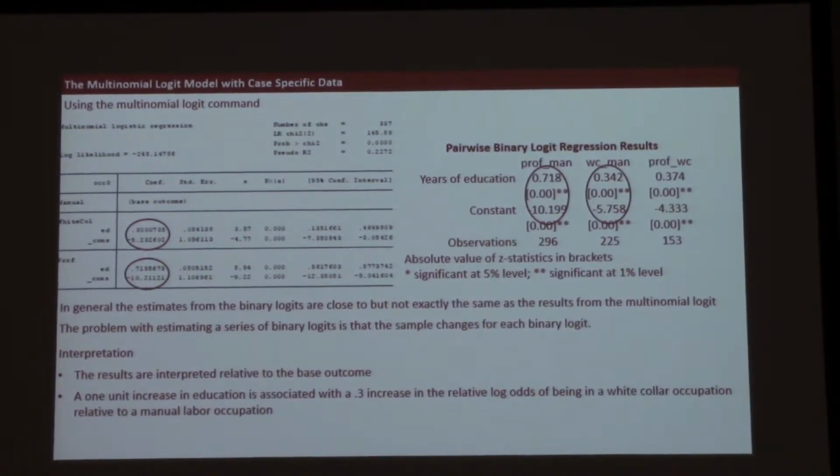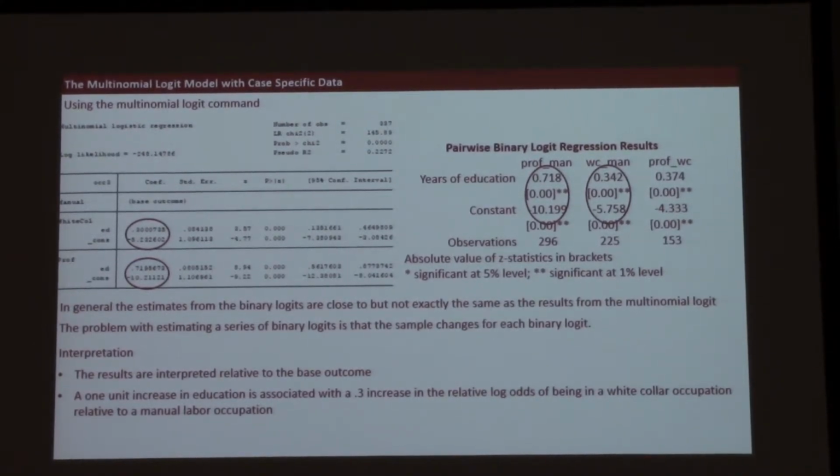Our coefficient on education means that, again, we still have this log of the odds ratio, but it essentially means that a 1 unit increase in education, a 1 year increase in education, is associated with a 0.3 increase in the relative log odds of being in a white-collar occupation, relative to the base occupation, which is the manual occupation.